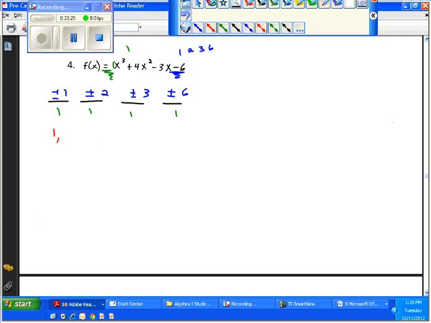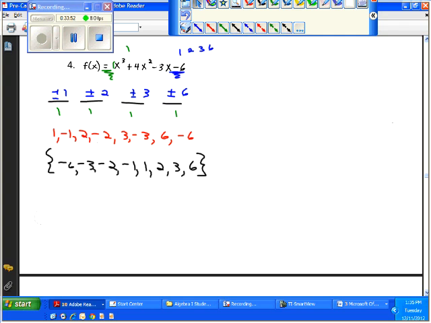So we're going to have positive 1 over 1, which is 1, negative 1 over 1, which is negative 1, positive 2 over 1, which is 2, negative 2 over 1, negative 2, positive 3 over 1, 3, negative 3 over 1, negative 3, positive 6 over 1, 6, negative 6 over 1, negative 6, lined up from least to greatest: negative 6, negative 3, negative 2, negative 1, positive 1, positive 2, positive 3, positive 6. So those are the possible real rational roots.